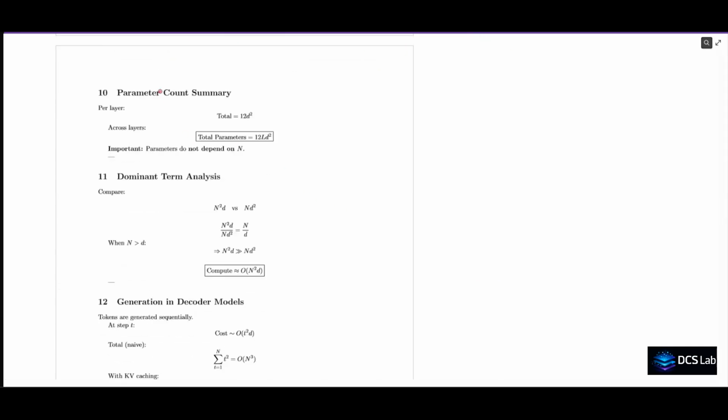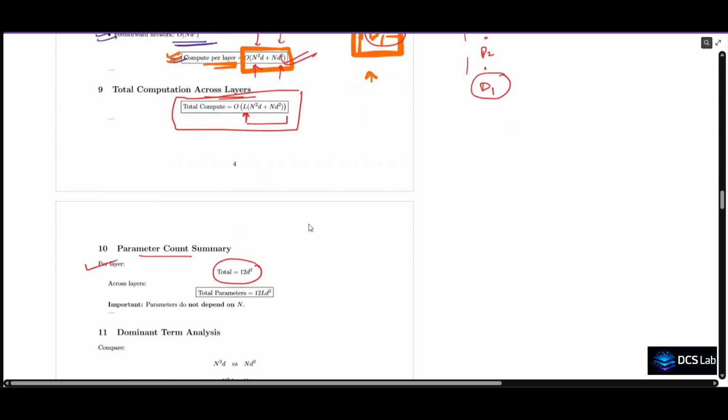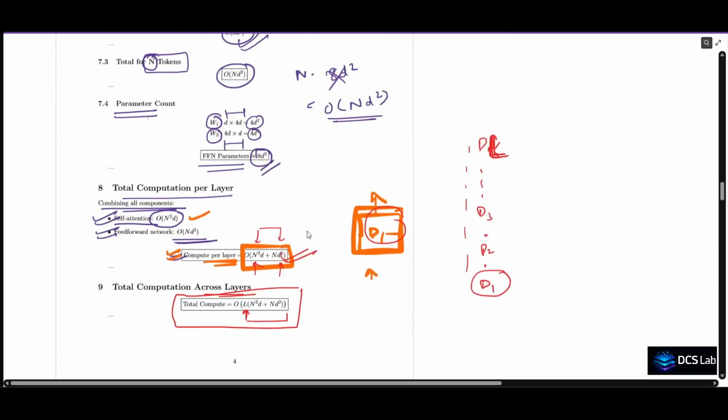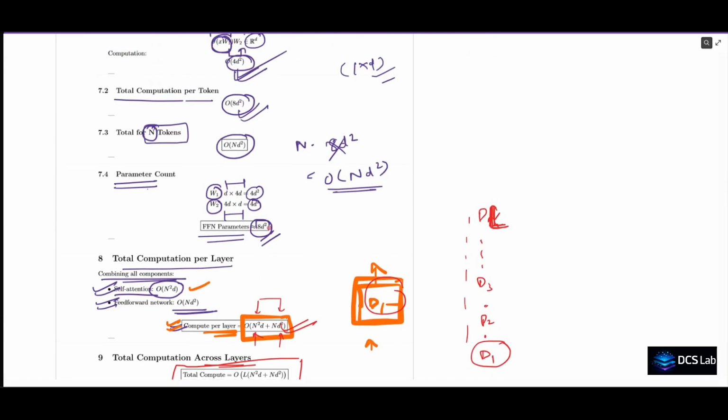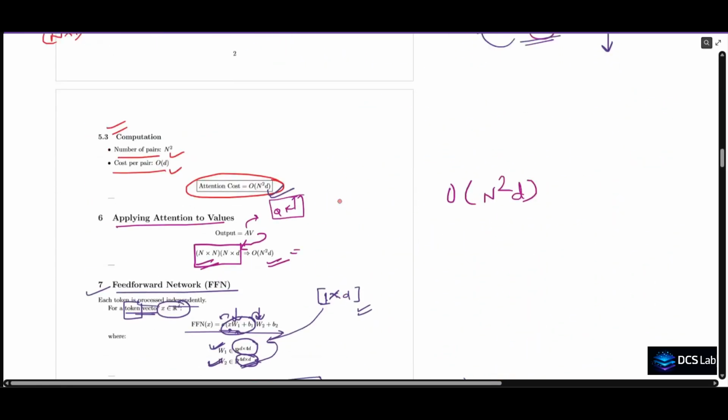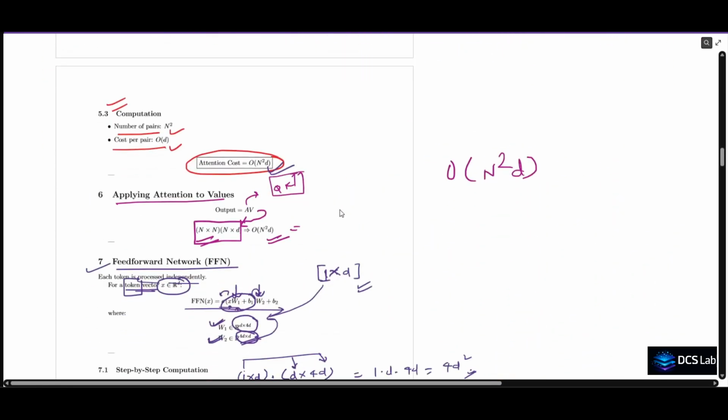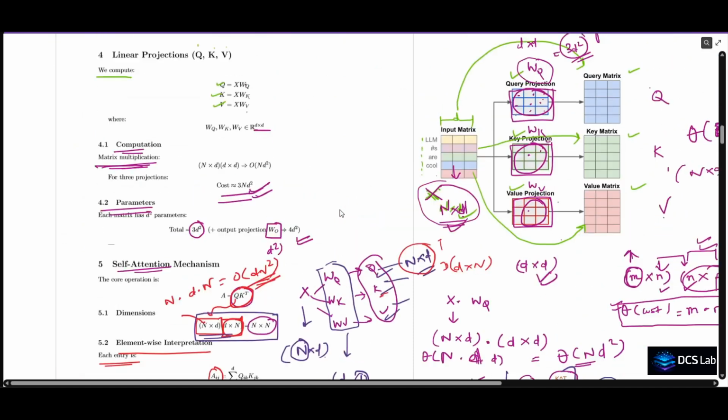If you talk about the parameter count summary, per layer the count is 12d square. Now, how did we come up with 12d square? We had 8d square parameters for the feed-forward neural networks, and for the attention, the number of parameters we had calculated was 4d square.